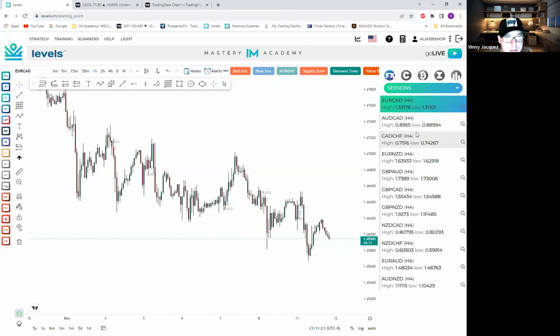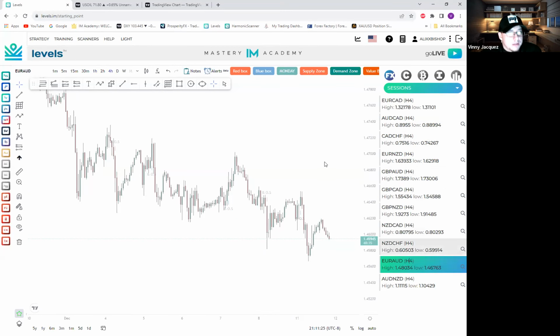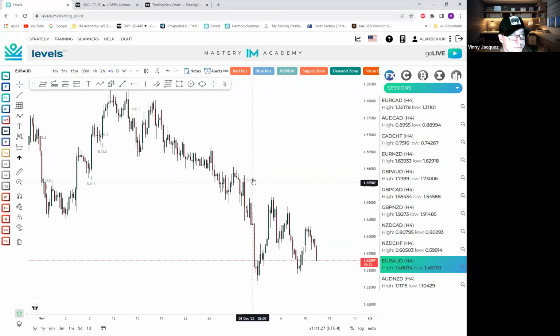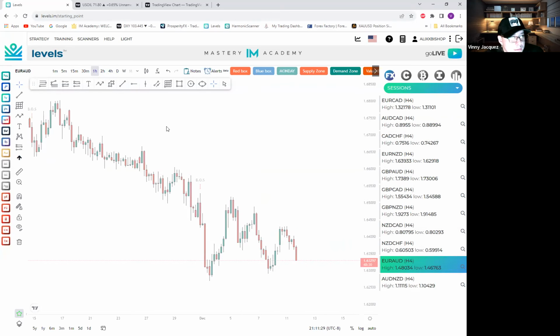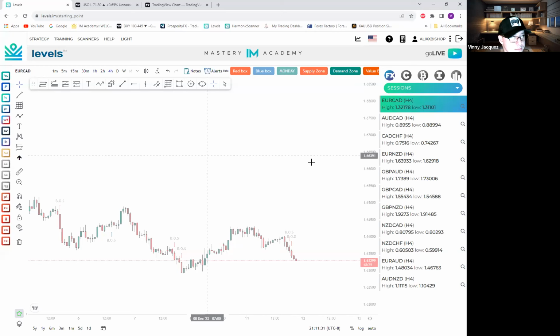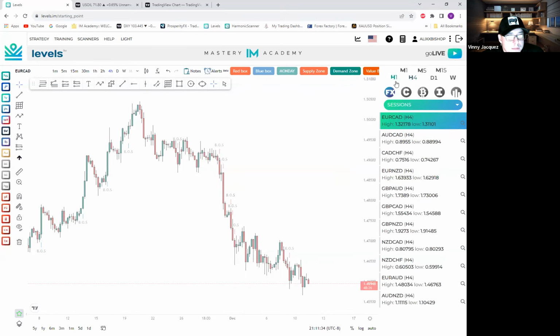What am I doing? EUR AUD. I was like, that does not look the same. All right, 1 hour time frame. Not sure why it's doing that.